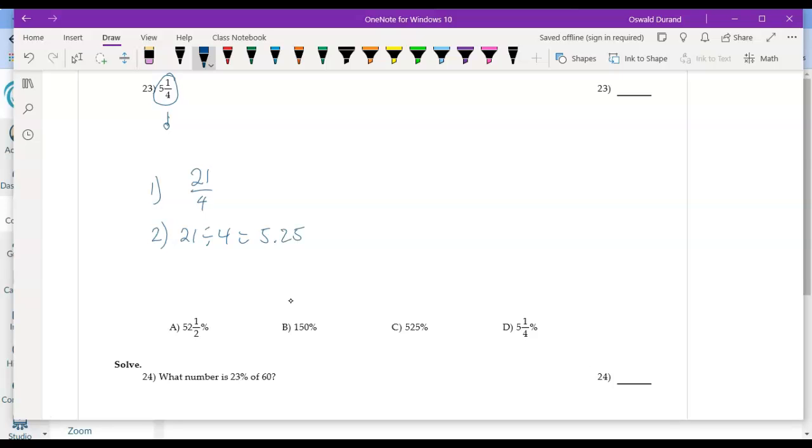And then third, take that number, multiply by 100. So 5.25 times 100 gives me 525. And then last step, put a percentage sign next to it. And that's it. That's 525% is equal to 5 1/4. Okay?